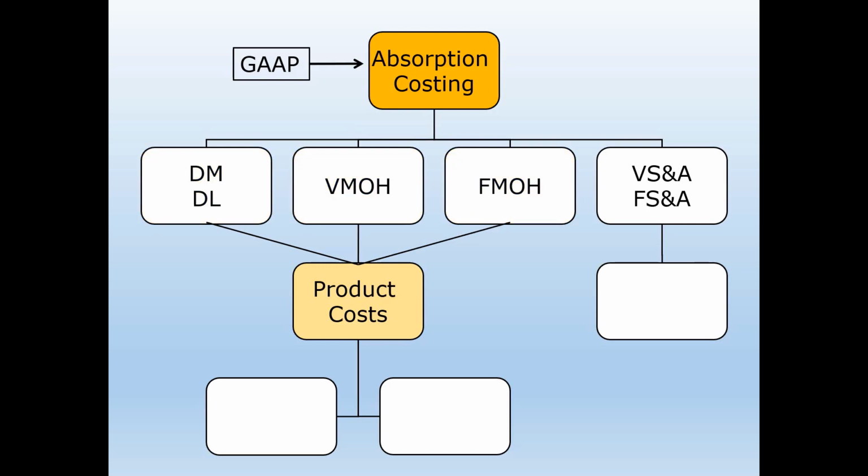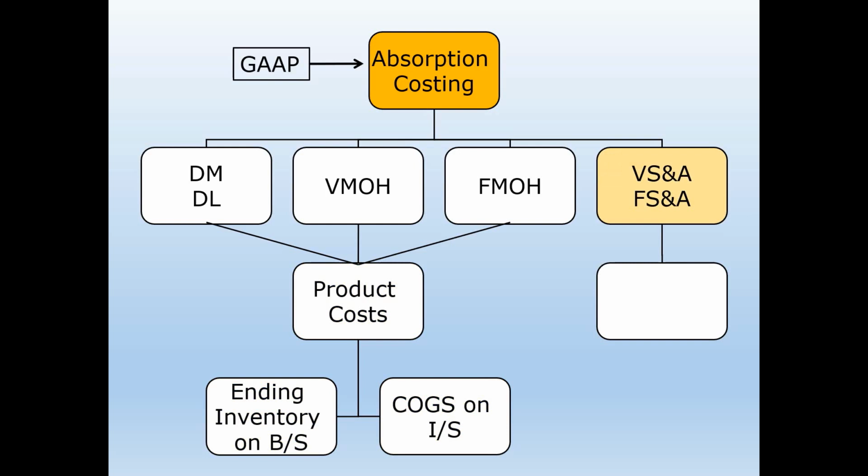So what happens to the product costs depends on what happens to the units that are attached to it. Units that are sold carry their share of the product costs to the income statement so that they can be matched to the sales revenue that those units generated. By contrast, the cost of the units that aren't sold is capitalized as ending inventory on the balance sheet.